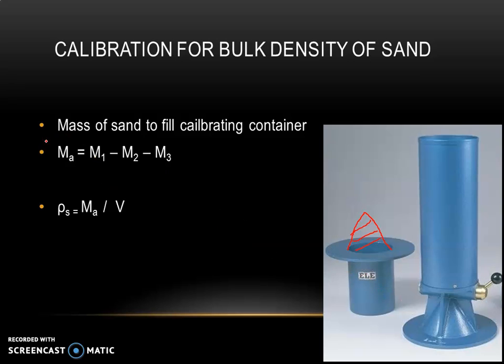And mass of sand to fill this container will be MA equal to M1 minus M2 minus M3. And bulk density of sand rho S will be equal to MA divided by volume of this calibrating container.